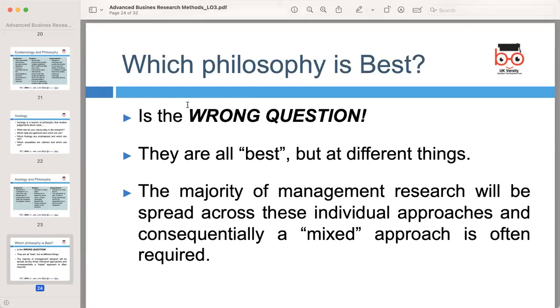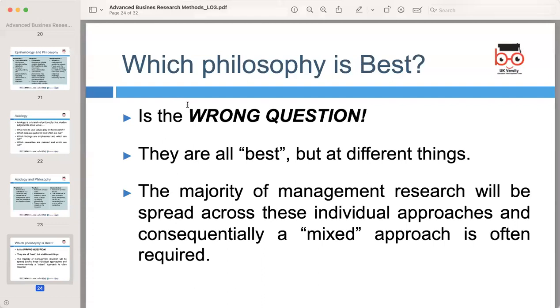If we say that one philosophy is the best, we would be overlooking the diverse needs and challenges that organizations face. In reality, each philosophy excels in certain areas, but may fall short in others. So it is not about finding the best philosophy, but rather understanding how different philosophies can complement each other.